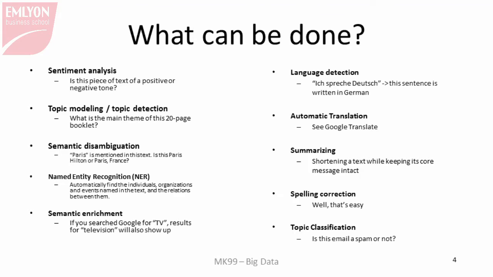You can do semantic enrichment, so also many tools allow you to, if you make a request about, let's say, cities, it will also return to you the texts that mention towns and ville in French maybe, or Stadt in German.